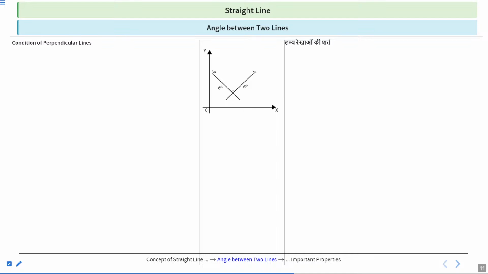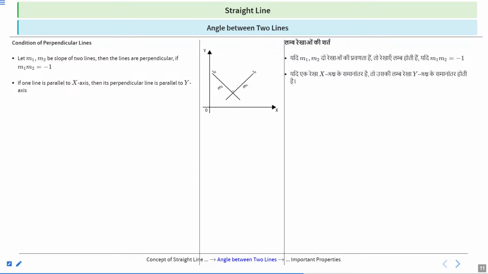Now, the condition of perpendicular lines. In the figure, you can see two lines which are perpendicular to each other. Let m1 and m2 be the slopes of two lines. Then the lines are perpendicular if and only if m1 into m2 is equal to -1, that is, the product of the slopes of the two lines is -1.